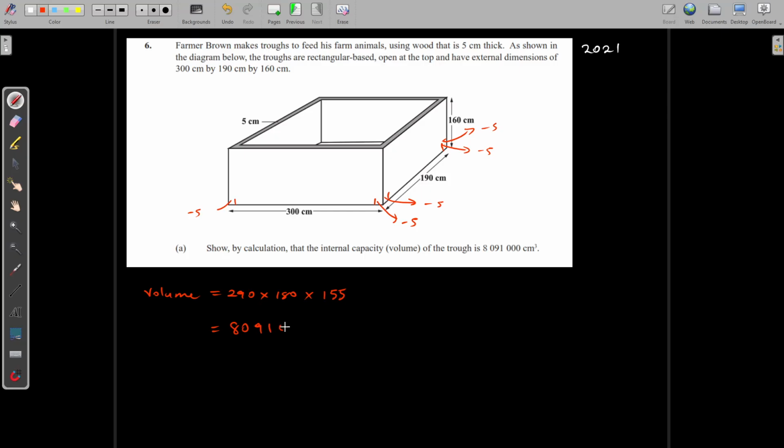Well, it's a good thing that they gave you the answer, so you know what you're working towards. And if you didn't get the answer correctly the first time, you could adjust these accordingly. Alright, so this is an interesting question.